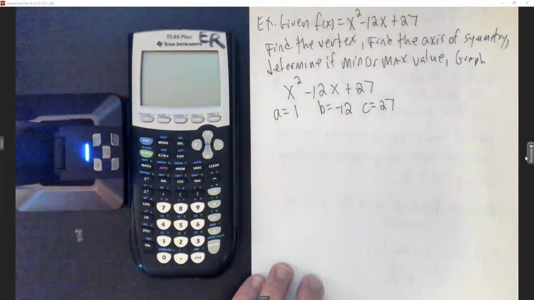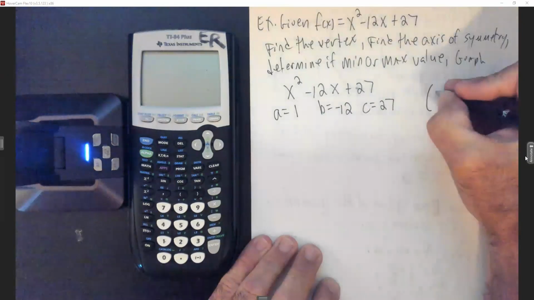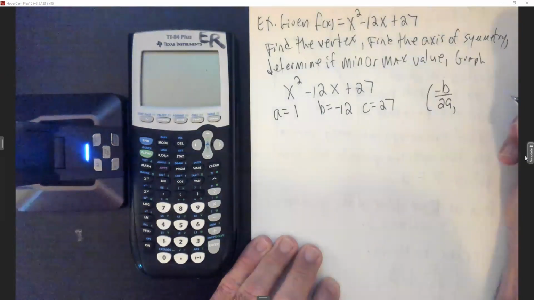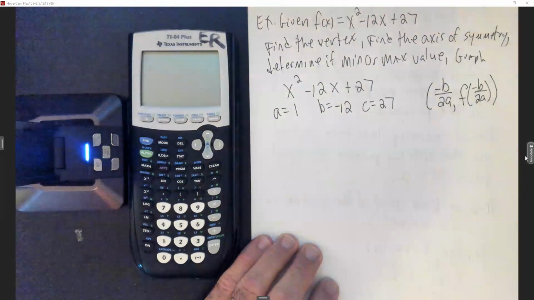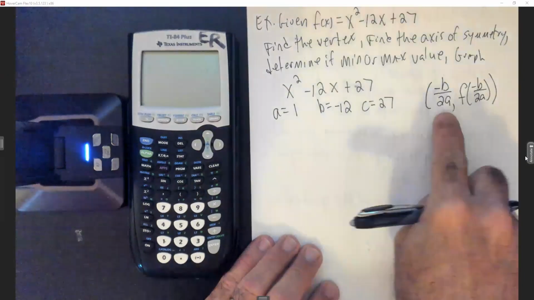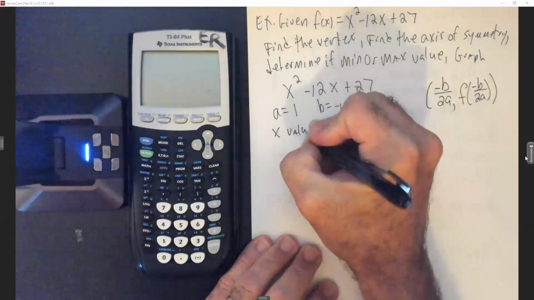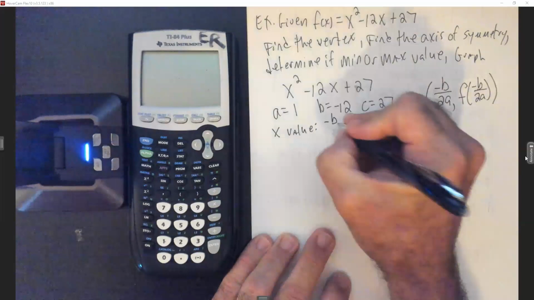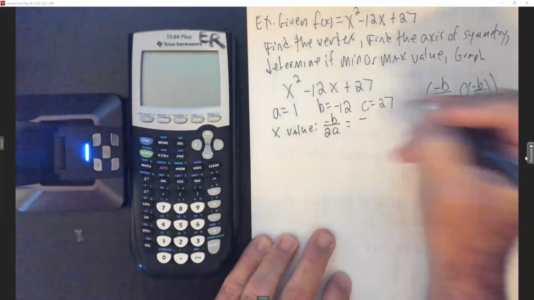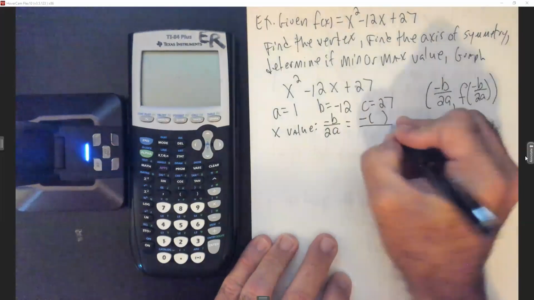All right, so remember the vertex formula is negative b over 2a, and then f of negative b over 2a. So the first thing I'm going to find is the x value. To get my x value, I got to find negative b over 2 times a. So write that negative, and then I'm just going to put parentheses for my variables.